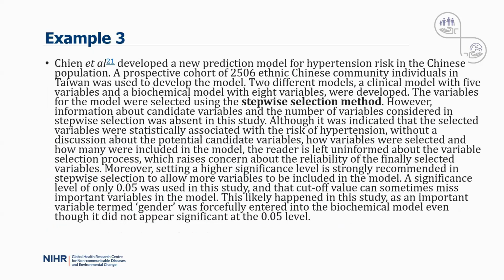In this study, the authors developed a new prediction model for hypertension risk in the Chinese population. A prospective cohort of 2,506 ethnic Chinese community individuals in Taiwan was used to develop the model. So they have two different models: a clinical model and a biochemical model with 8 variables were developed.